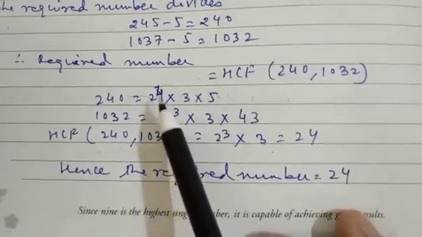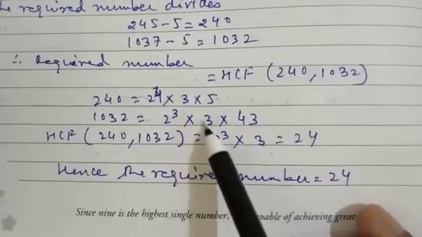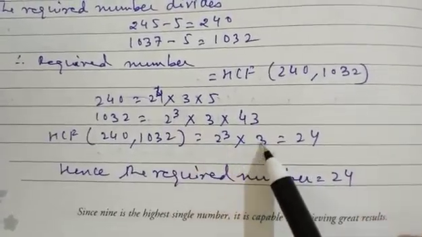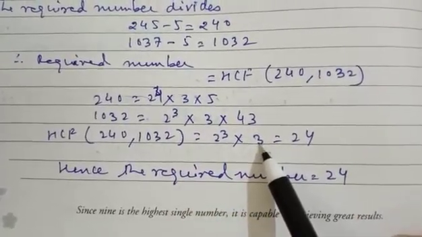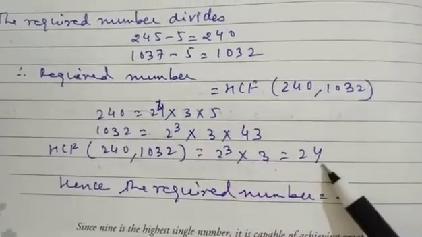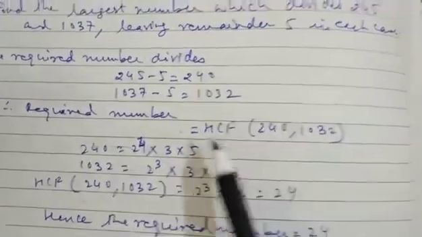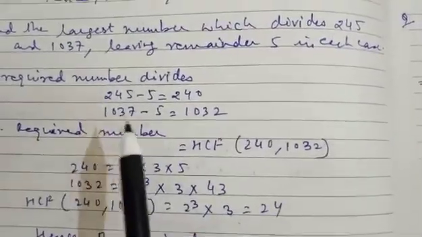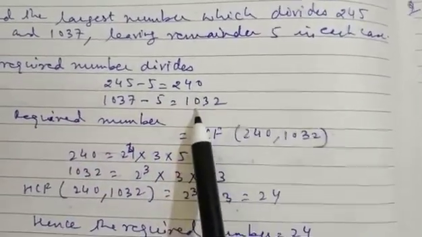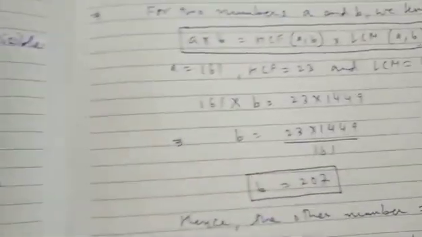So the common factor is 2, its lowest power is 2 power 3, and the second common number is 3, and the lowest power is 3 power 1. Multiplying these two numbers, we will get the answer as 24. So 24 is the required number which will be having the numbers 240 and 1032 exactly divisible. This is the pattern number 2 which I have taken up today.